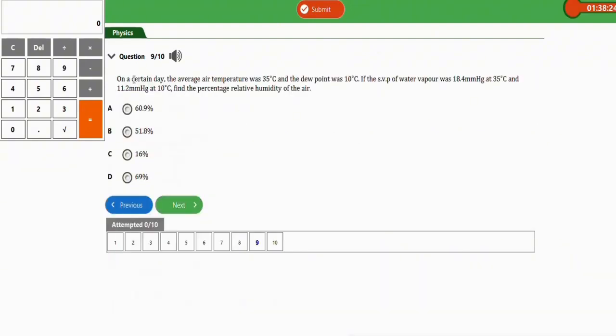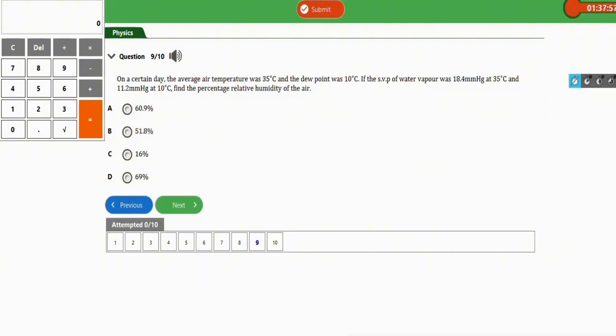It says on a certain day the average air temperature was 35 degrees Celsius and the dew point was 10 degrees Celsius. If the saturated vapor pressure of water vapor was 18.4 millimeter mercury at 35 degrees Celsius and 11.2 millimeter mercury at 10 degrees Celsius, find the percentage relative humidity of the air.